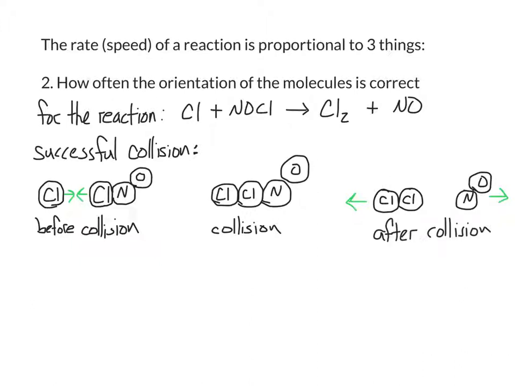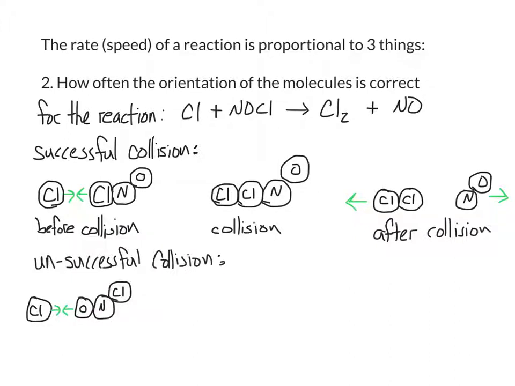Now let's look at an unsuccessful collision. Here I've drawn the reaction scheme again, the kind of cartoon showing the two reactants, but notice I've flipped the orientation of the nitrosyl chloride. Here's the collision between the two reactants. Notice that here the chlorine atom is actually touching an oxygen atom.